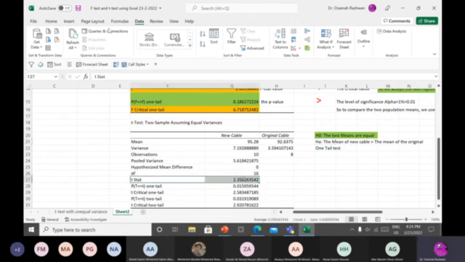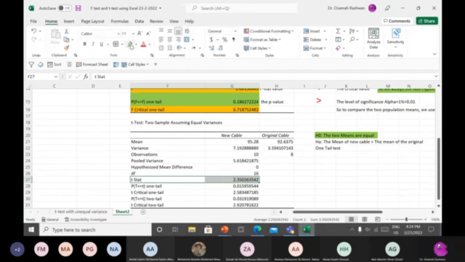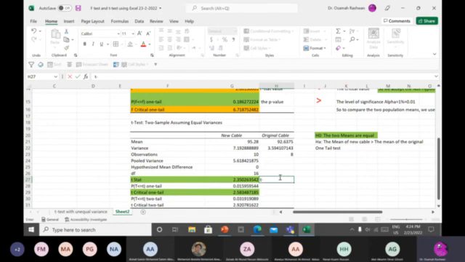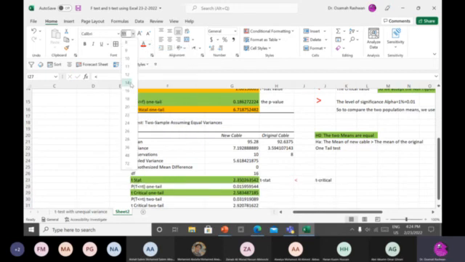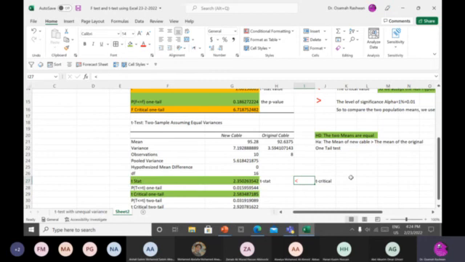I can compare using t-stat with t-critical, and I compare this one, the t-stat. T-stat, is it bigger or less? It is less, right? Less than t-critical. It is less. It means it is not in the rejection area, right? Okay, so you accept.